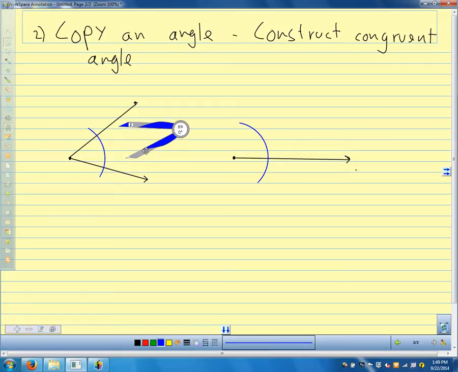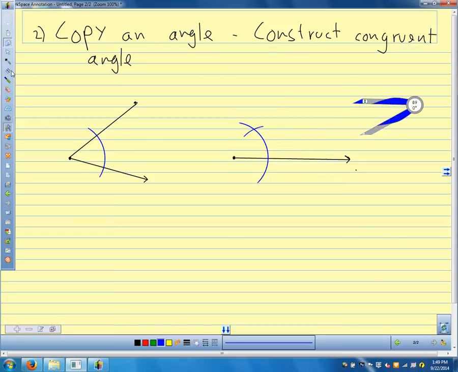And then move the compass, don't change the setting. Move the compass over to the angle, and put the point where the arc goes through the ray that you drew. And draw your little arc. And then with your straight edge, connect the vertex to that little X that you made. And these two angles will be congruent.